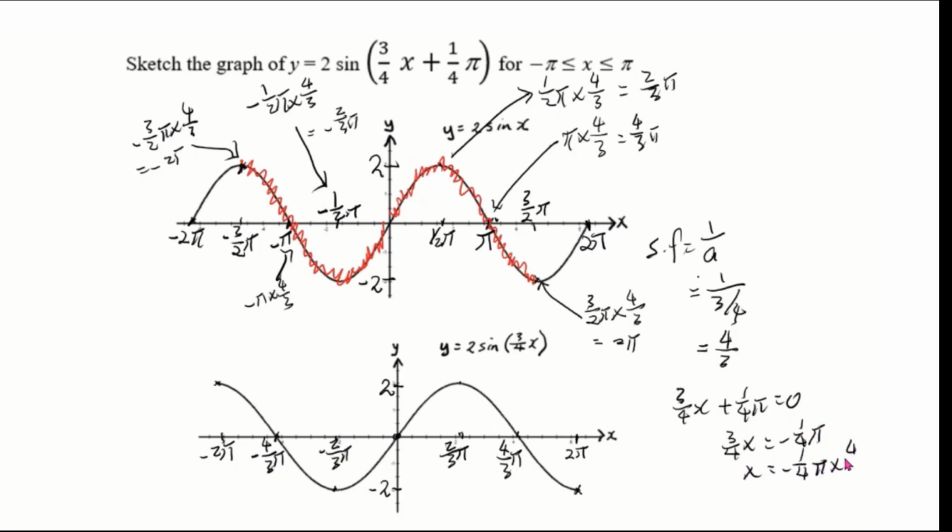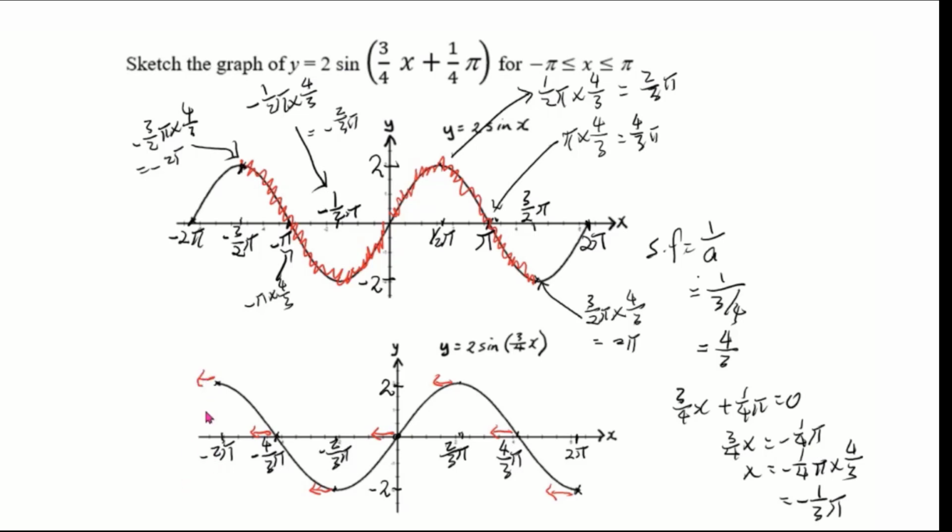After simplifying, we found that the value of x is negative 1 over 3 pi. So when x is negative, we need to shift the whole curve to the left hand side for 1 over 3 pi. This means all the points on the graph need to be shifted to the left for 1 over 3 pi unit.